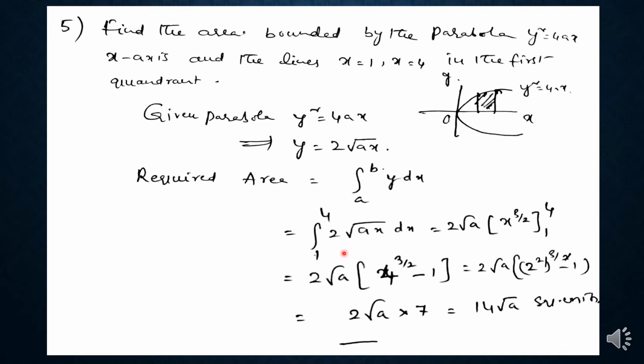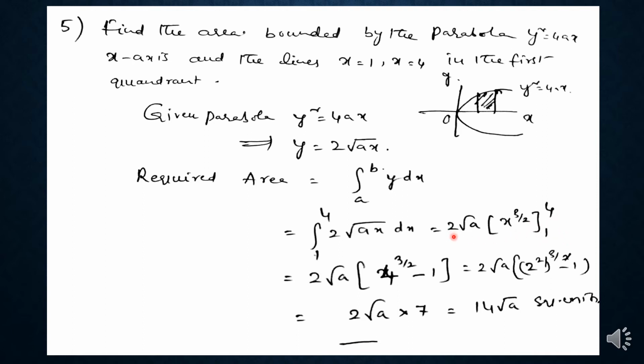Integral root x dx means integral x to the power of 1 by 2 dx. That is x to the power of 3 by 2 divided by 3 by 2. 2 root a into 2 by 3, x to the power of 3 by 2 from 1 to 4.